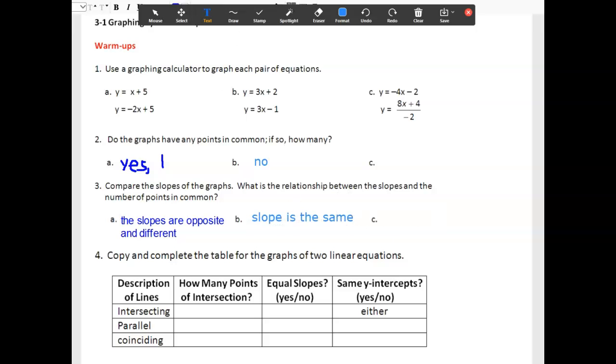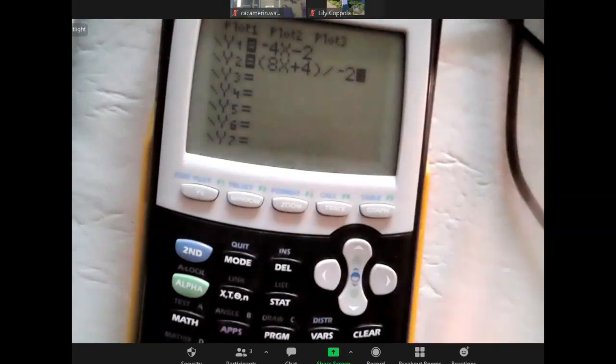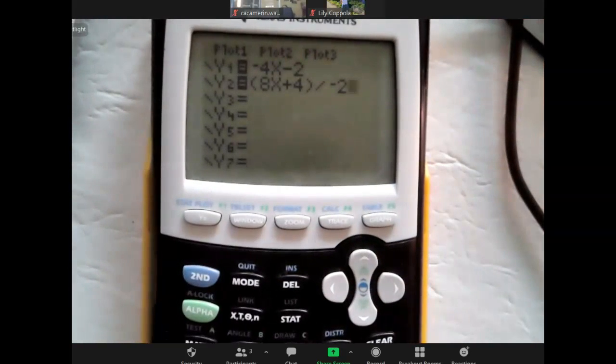Okay. Going back and graphing one last time, you're going to go to y equals. You're going to type in negative 4x minus 2. And then you're going to type in parentheses 8x plus 4, close parentheses, divided by negative 2. So your y equals should look like that.